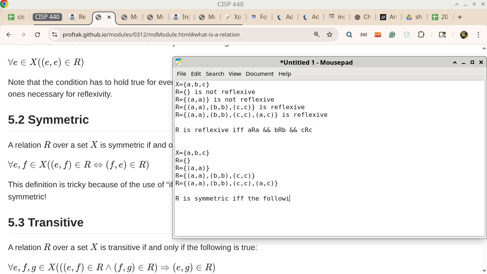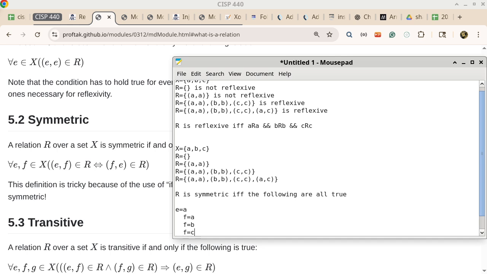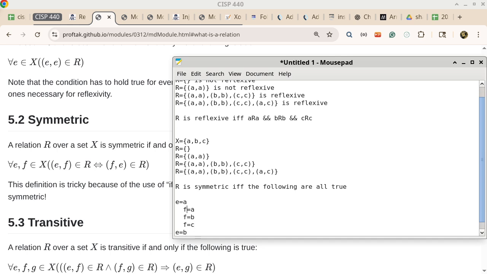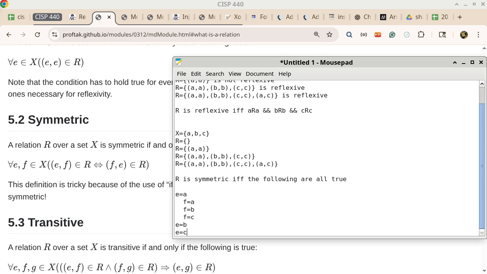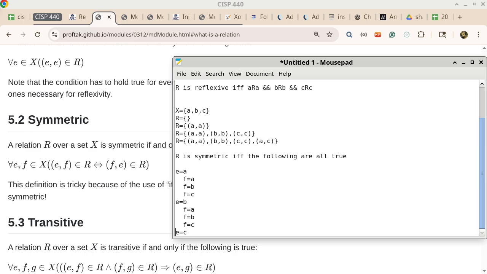We start with E equals A, E equals B, E equals C, and then F equals A, F equals B, F equals C, and the same thing with the other one. In other words, we have 9 specific cases to consider.